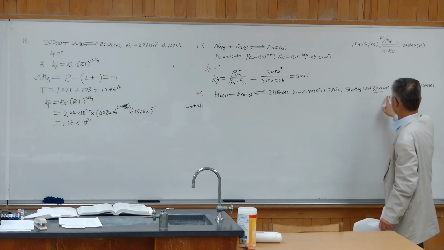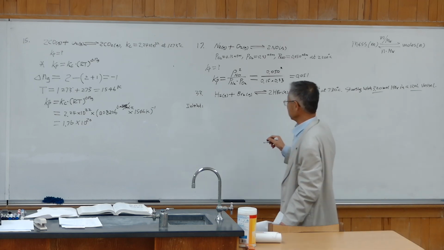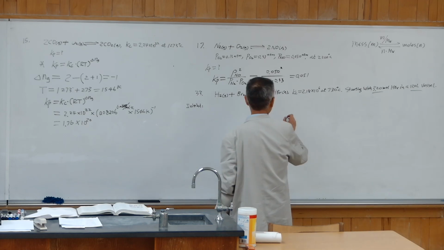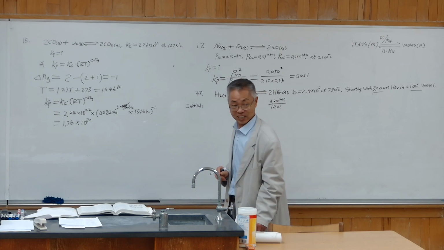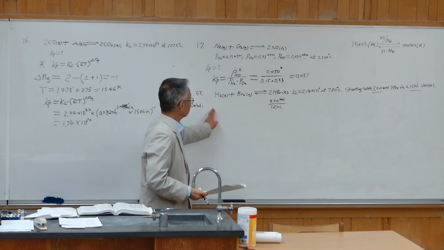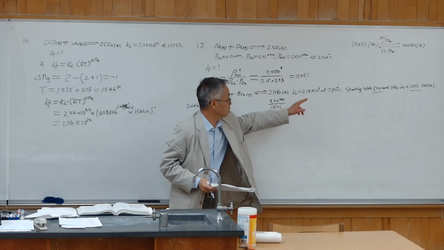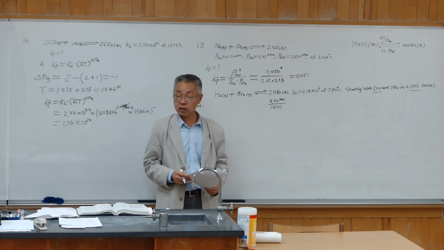3.2 moles in 4 liters. This is moles, this is liters, so it is concentration, right? So the initial concentration of HBr is 3.2 divided by 12. Right, this is the initial concentration. How about these two? Because here it tells you, starting with 3.2 moles HBr in a 4 liter vessel.